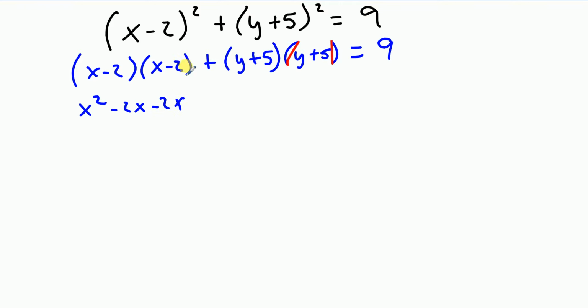So I'd subtract 9 from both sides. So I get x squared plus y squared minus 4x plus 10y plus 20 equals 0. So this is general form.